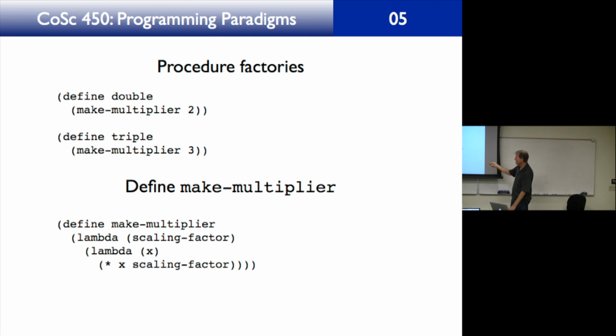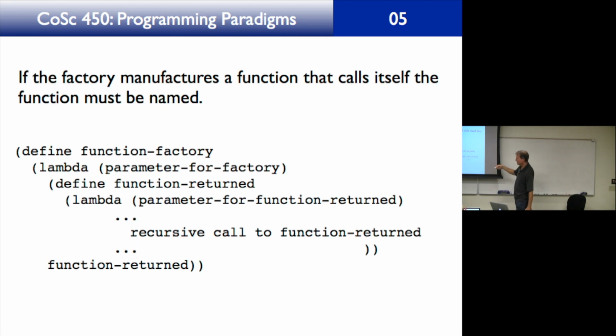It's up here in the define double. See? Define double gives the function the name double, and then it calls make multiplier with 2. But the problem is, in general, if the function that gets returned calls itself, how are we going to have it call itself if it doesn't have a name?